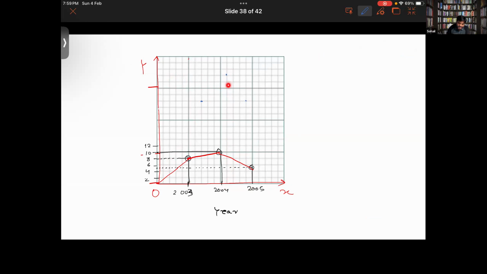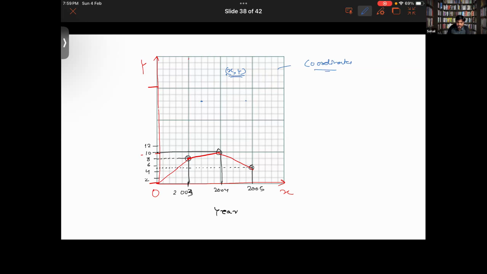On the x-axis it will have some value, on the y-axis it will have some value. Whatever value it has on the x-axis, you write it over here. Whatever value it has on the y-axis, you write it over here. That is the unique information of that point, which we call the coordinates of that point.